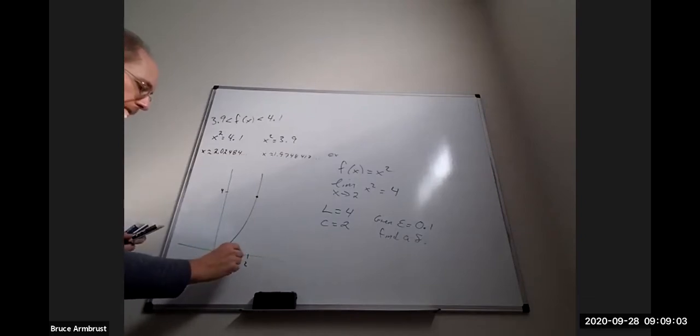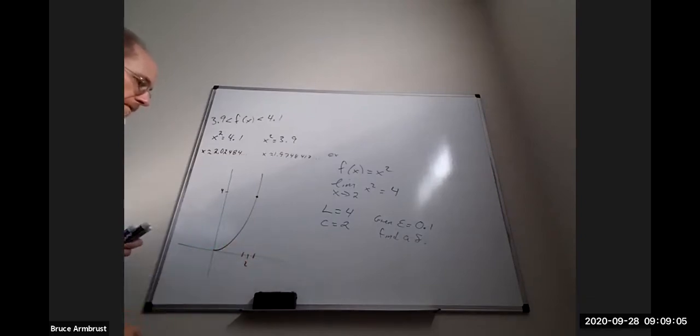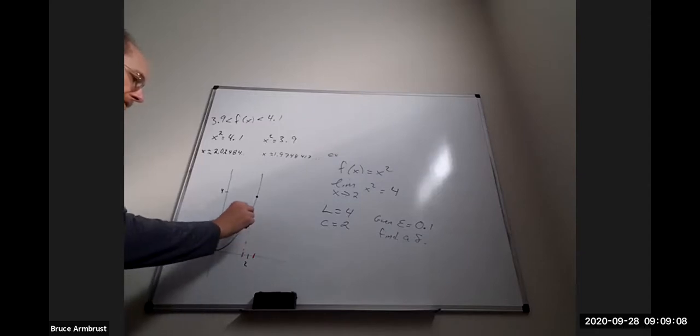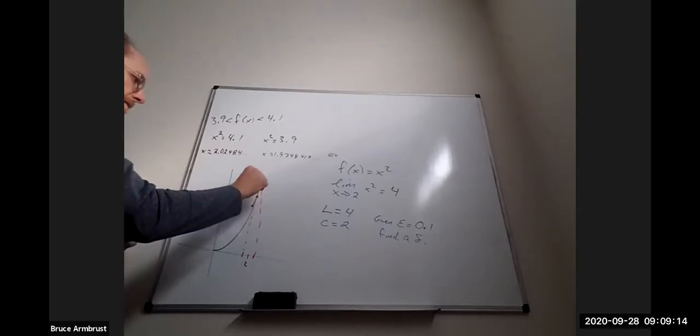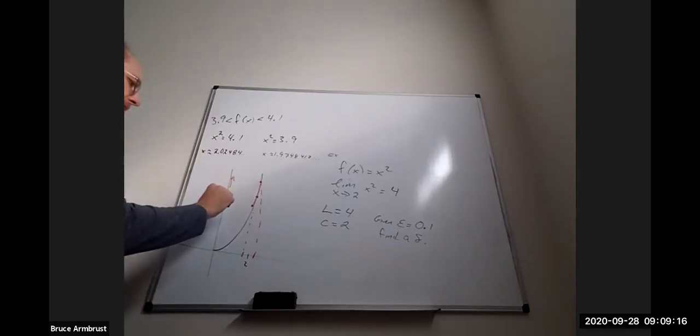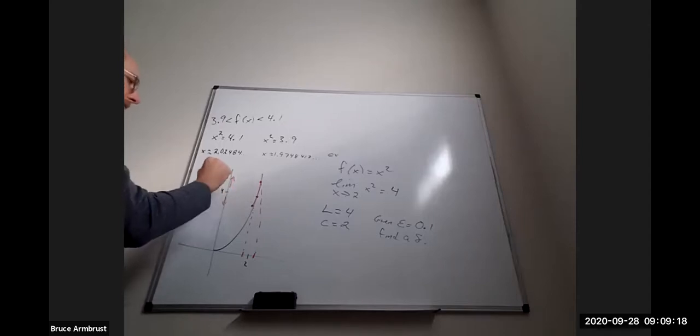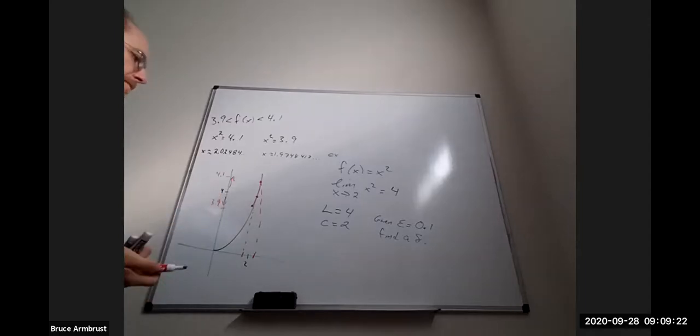I'm going to exaggerate this a little bit. Those are the x values such that all of those y's, if we were to look at this strip right here, are within plus or minus 0.1. Clearly not to scale.